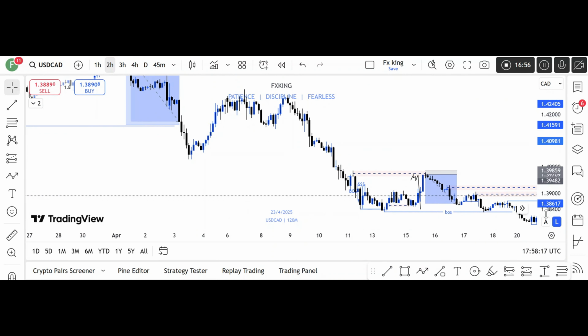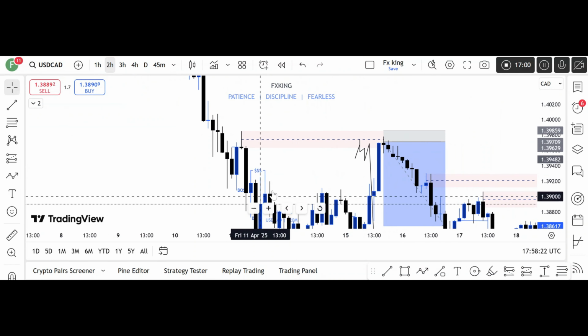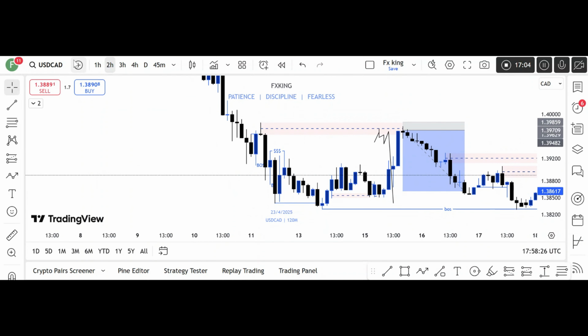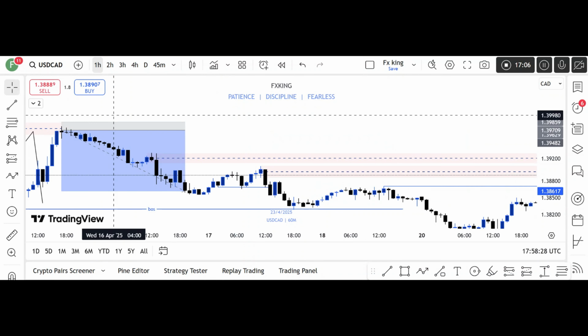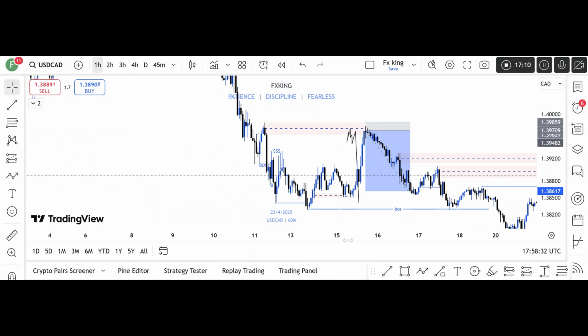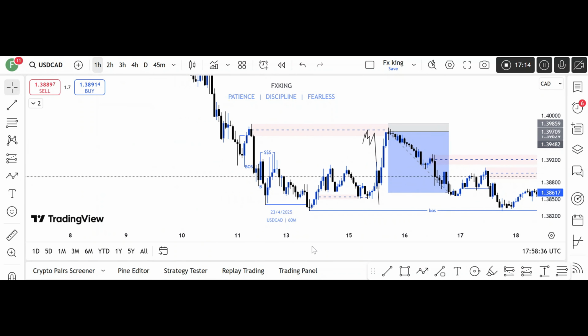You see here, these are setups I've been sharing in the group. These are setups that I've been sharing in the Telegram, and I think the majority of you guys are there. This was a setup. I also shared this in the free channel. That's it, right? Break of structure.